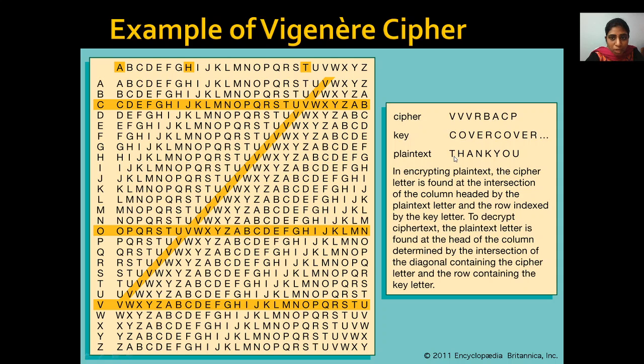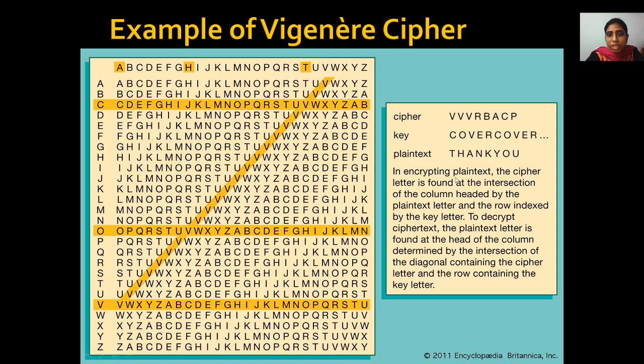Now take the values of T and C. T and C gives the ciphertext value V. Now again H and O.